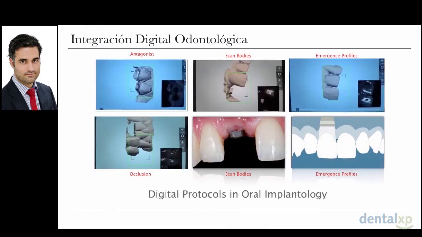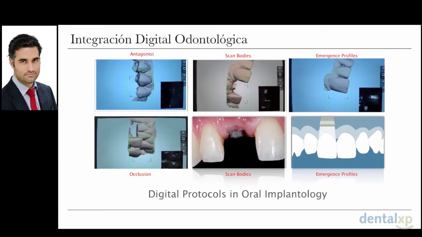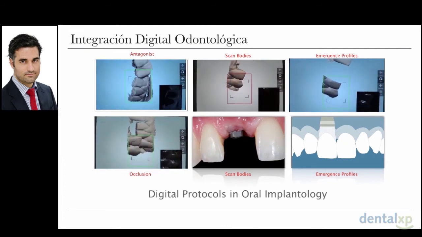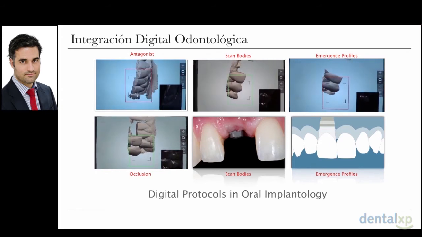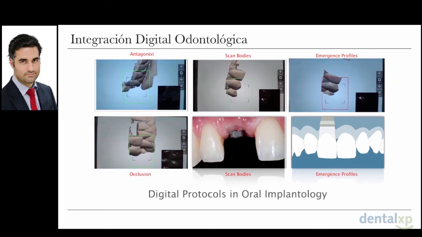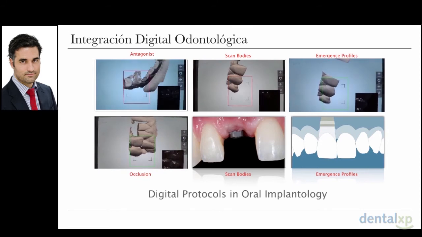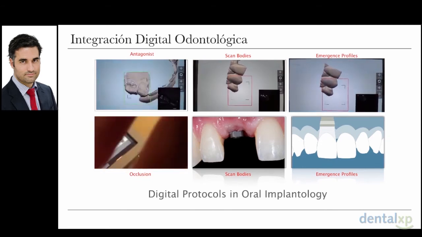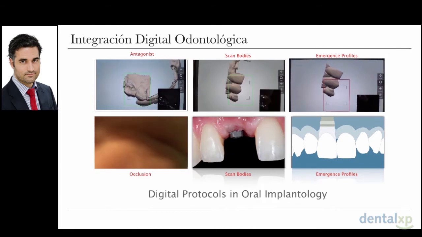Once I remove the screw, I do the digital impression. In this case, as you can see, the antagonist, the scan body, the emergence profile that is nonexistent in this case because you don't have a provisional, and the occlusion.